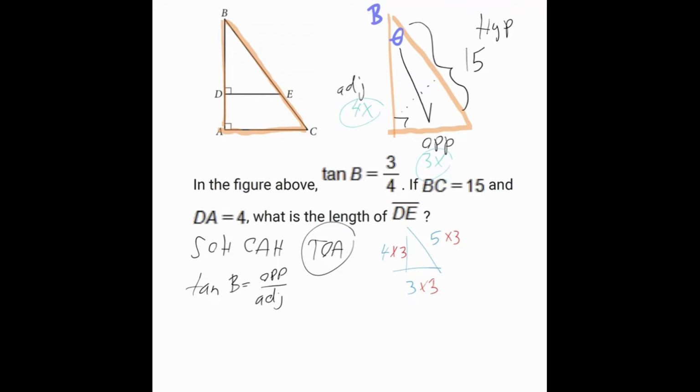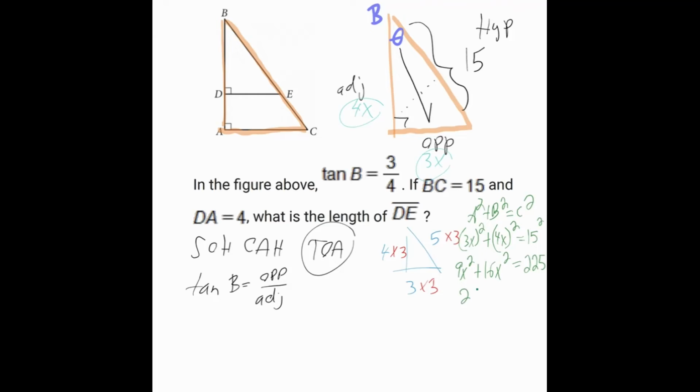In addition, we can use Pythagorean. We can say a squared plus b squared equals c squared, and we can put 3x all squared plus 4x all squared equals 15 squared. 15 squared is 225. 3x all squared squares this way, and 4x all squared turns into 16x squared.